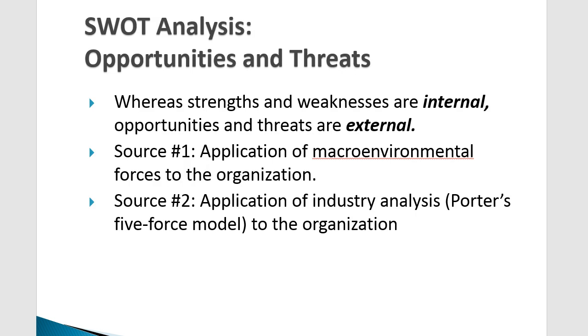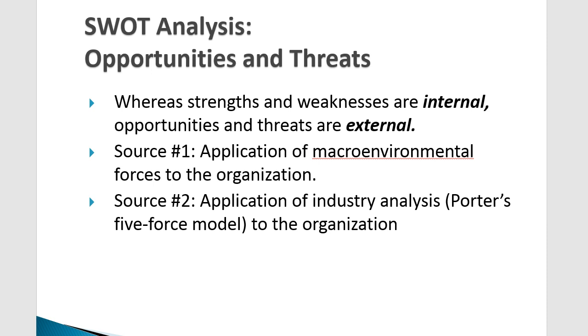Okay, so let's switch over to opportunities and threats as the second half of the matrix. When we think of opportunities and threats, we're associating these two with outside factors mostly.